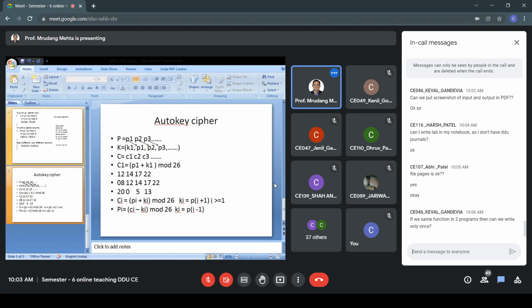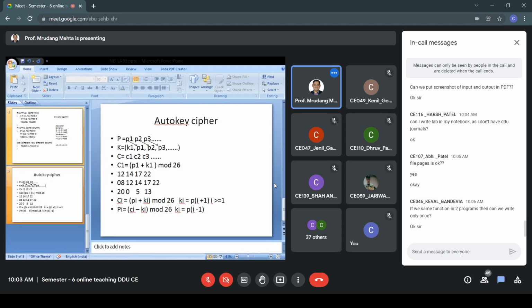That's simple, if it is the same. If there is a modification, then you should write it. So that is what you have to understand, the modularity of the problem: how you should make your problem modular so that the same module can be used again.